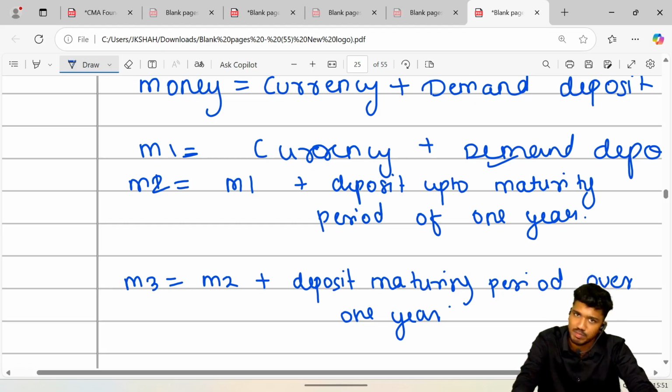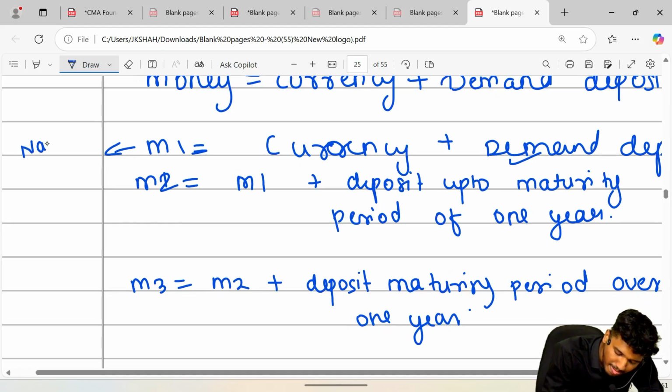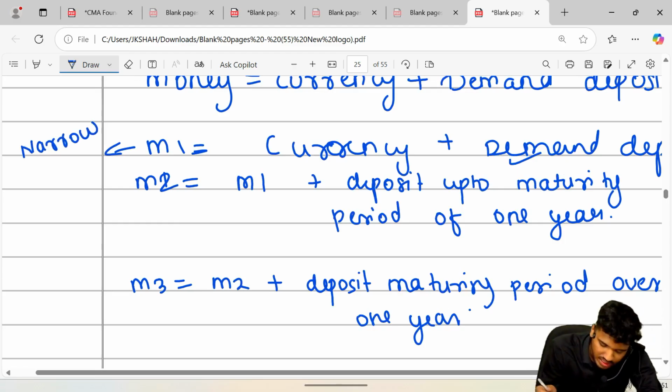Within 1 year is money, over 1 year is also money. Now the definition of money got broadened. So first M1, which is basically called a narrow definition, and now the definition of money got broadened, that is it is called a broader definition.